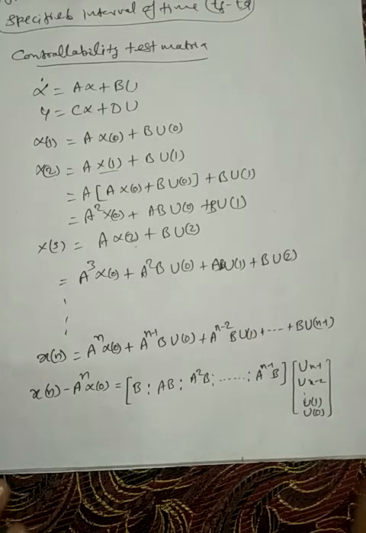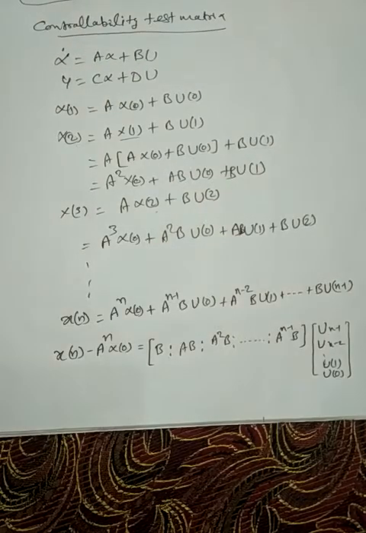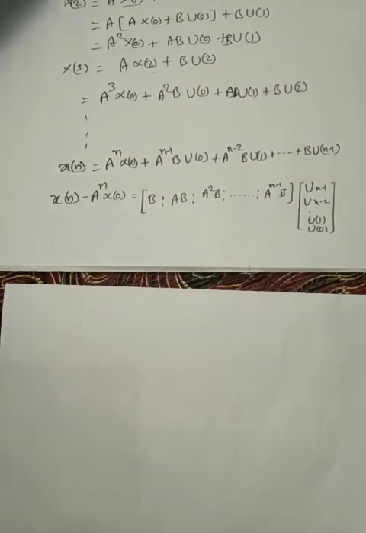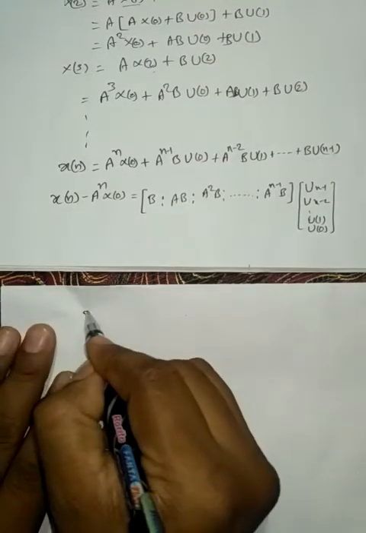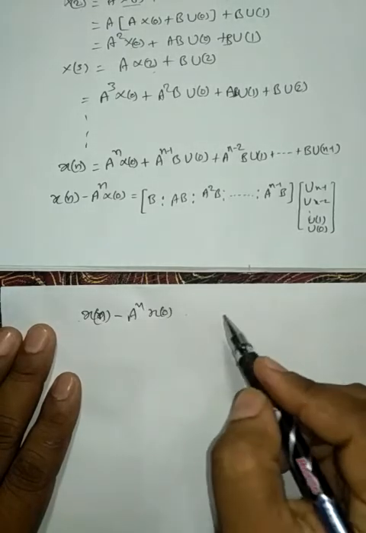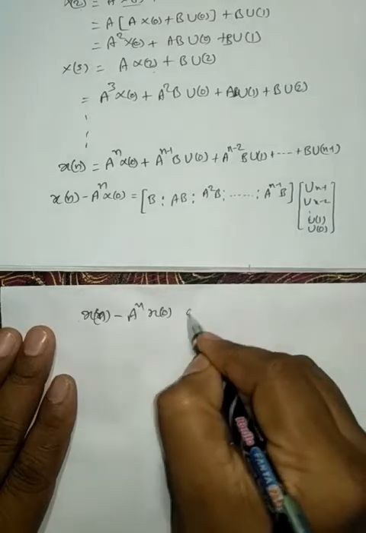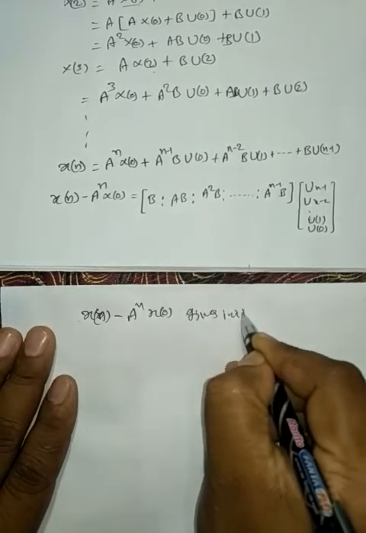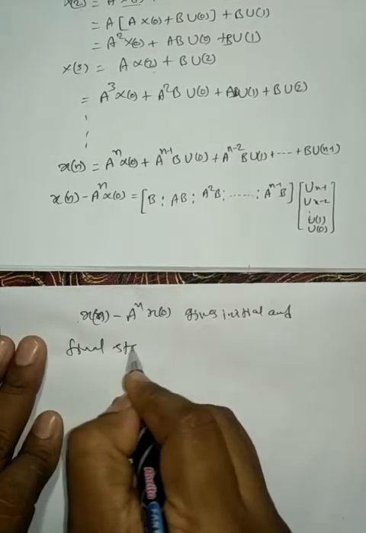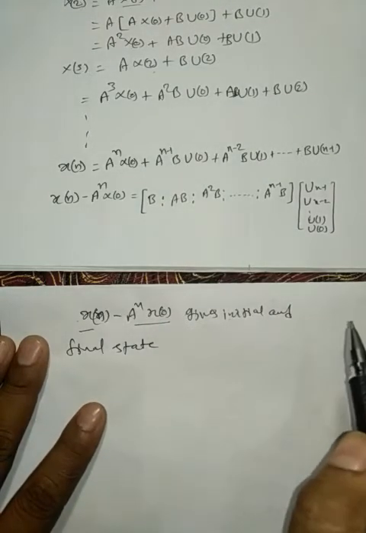The left-hand side, xn minus a raised to n x naught, gives the initial and final state.